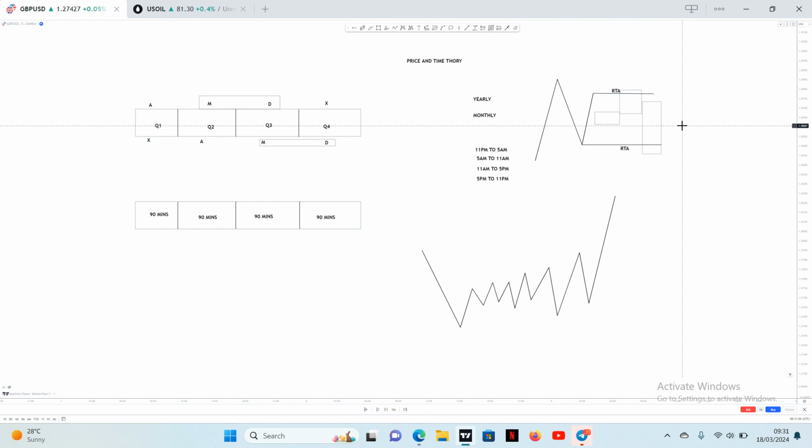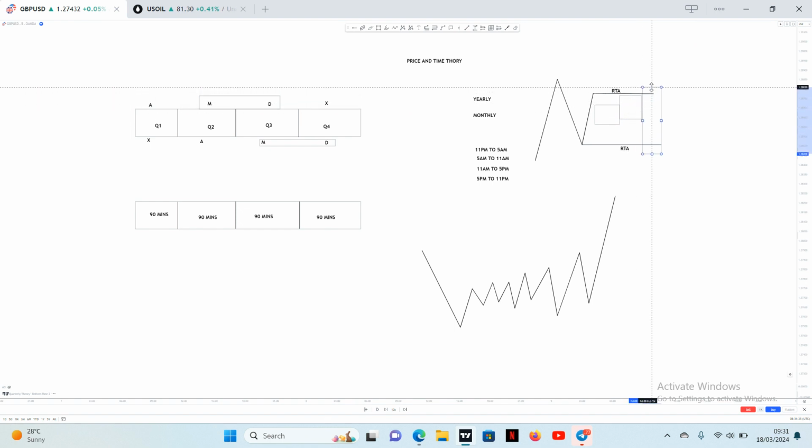Price will most likely sweep you, and that's your stop loss, and still continue whatever it's doing. But then, if this was now a continuation trend, quarter one, and then quarter two now consolidates, which is London consolidated.